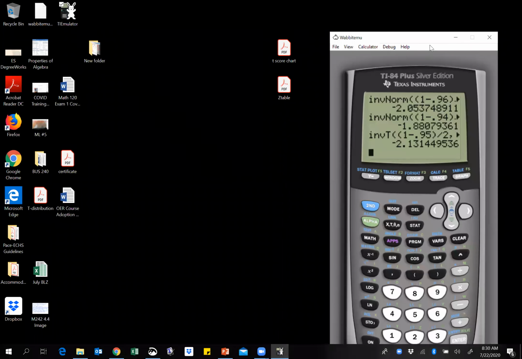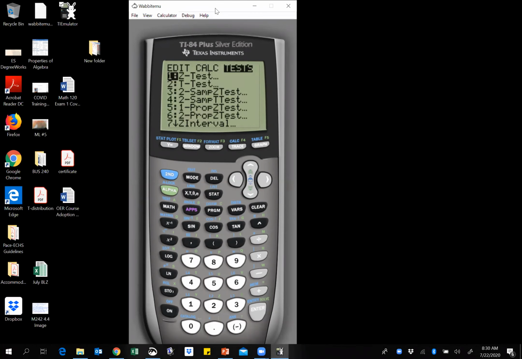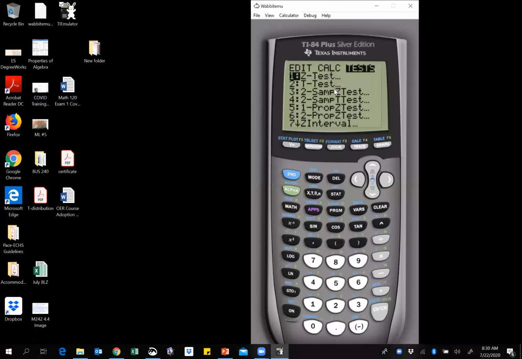So let's go ahead and plug this in. To do this command, it's under stat, go over to tests, and we want to do a z interval. This should be choice 7 for all of us.